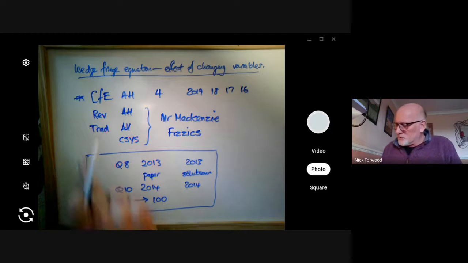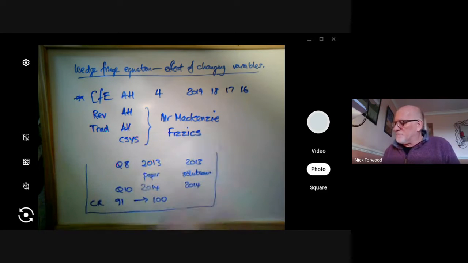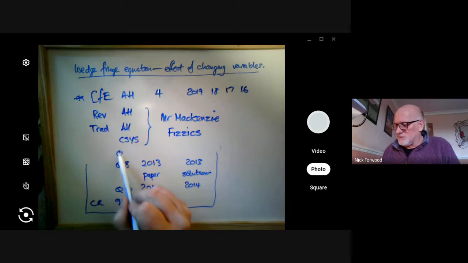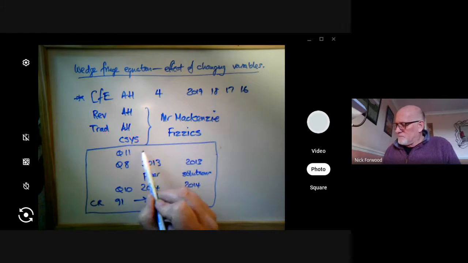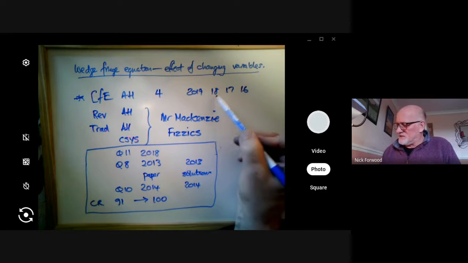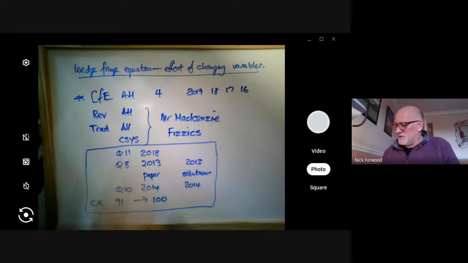There's one extra question you can do. Out of these 4 papers, there's only one question which we can do at the moment, which is 2018, question number 11 from 2018. And you'll see that 2018 is a CFE paper, and therefore it's on the SQA website.